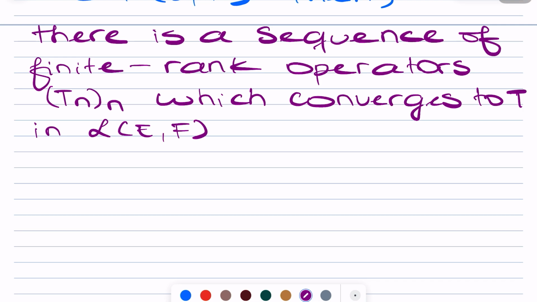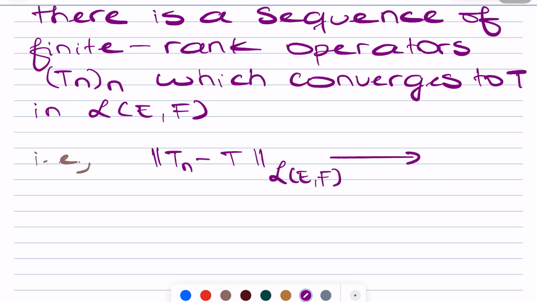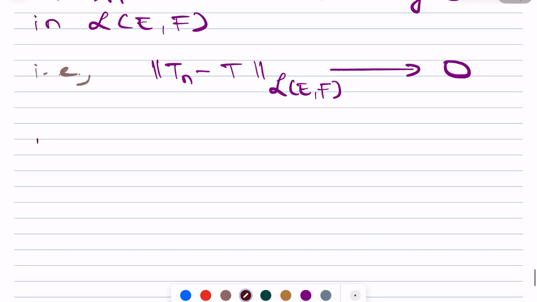So this means that the norm of Tn minus T goes to 0. Okay, so let's go into the proof, which is a bit lengthy but really instructive.